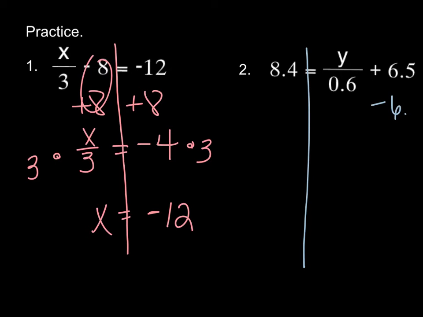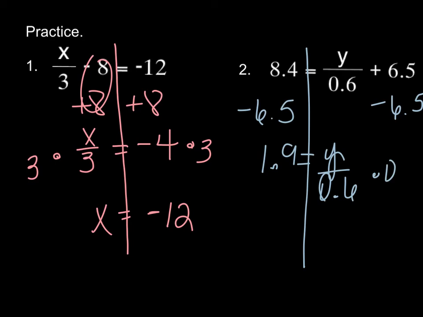Minus 6.5, minus 6.5. 1.9 equals y over 0.6, and I'm going to multiply by 0.6. So my final answer is going to be 1.14 equals y. Good try. Good job.